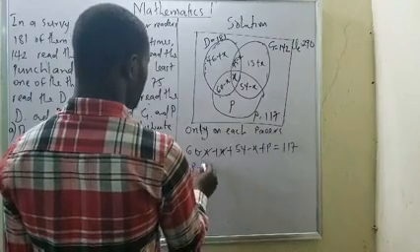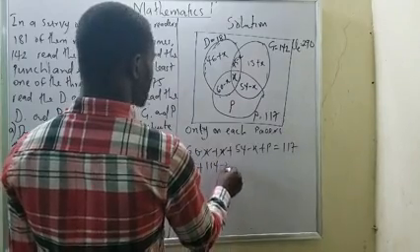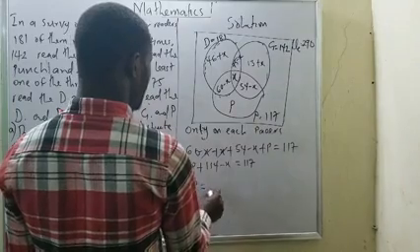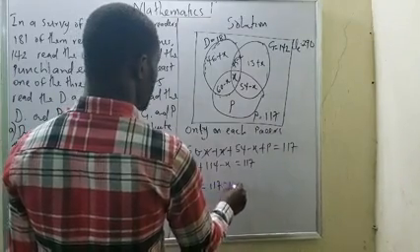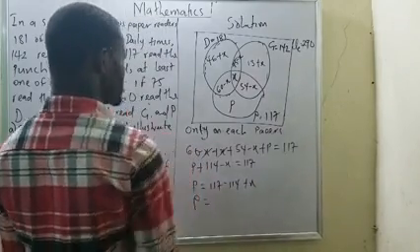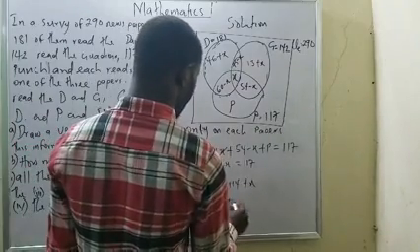Now it will be P plus 114 minus X equals 117, which is my P will be equal to 117 minus 114 plus X. Now P equals 3 plus X.